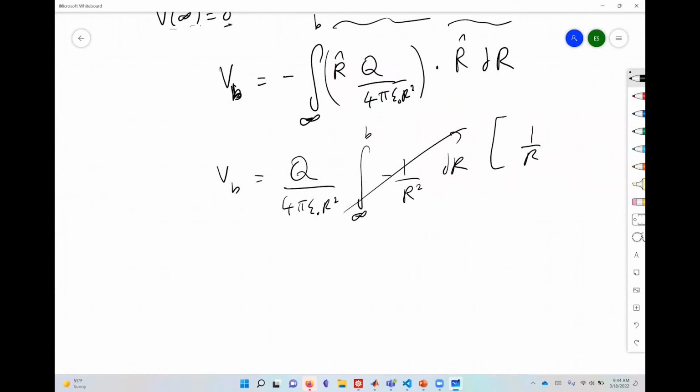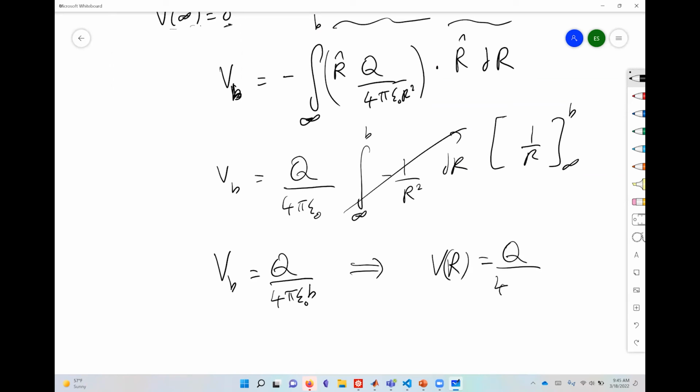This becomes 1 over R from B to infinity. 1 over infinity is 0, so that doesn't matter. So I'm going to end up with 1 over B. Okay, so VB is going to be Q over 4 pi epsilon naught B. So VR is going to be Q over 4 pi epsilon naught R. If you do this for specific R instead of specific B, for R larger than B, this is what the potential is.